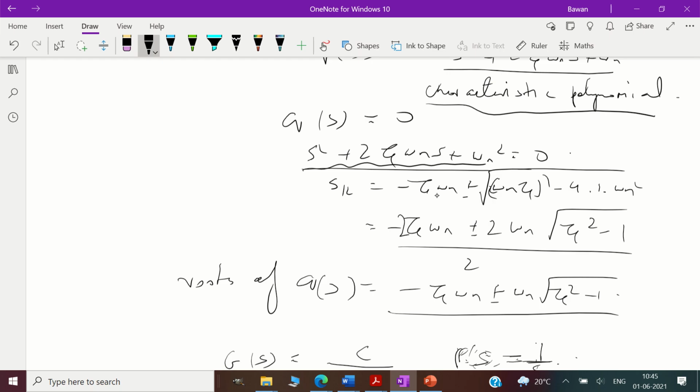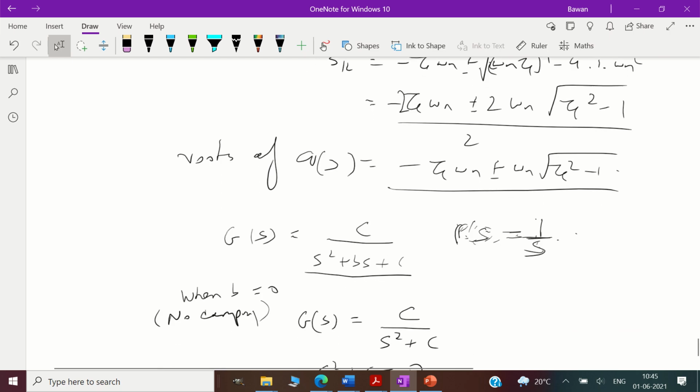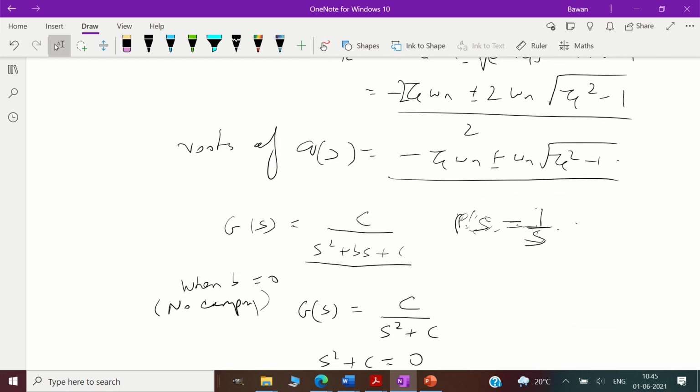You get minus 2 zeta omega n plus minus 2 omega n root of zeta squared minus 1, because the 4 and omega n come out of the root. Then you get the roots to be minus zeta omega n plus minus omega n root over zeta squared minus 1. So that is how you can get the roots of this characteristic equation. It's very simple. Once we do some problems, it will be very clear to you all.